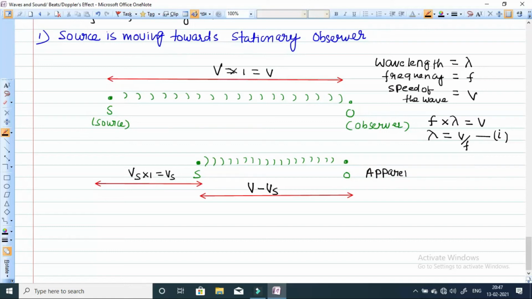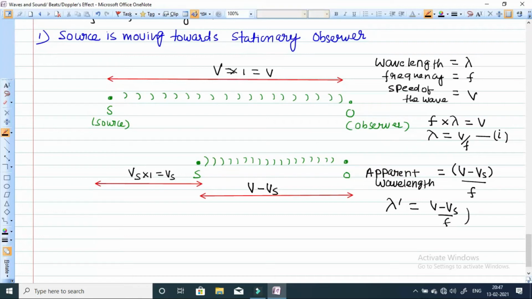The initial distance was V. Now the distance is reduced to V minus Vs, and the number of waves sent out per second is still F, but these waves are occupying the distance V minus Vs only. So this will be the new apparent wavelength, lambda dash, equal to V minus Vs by F.